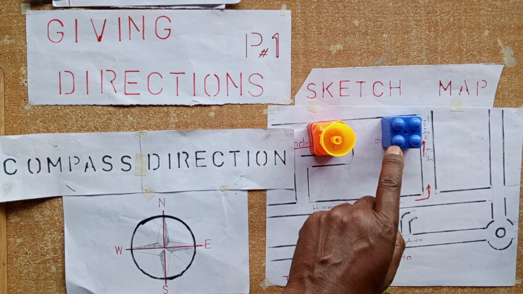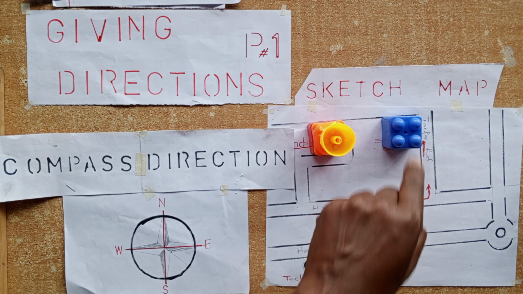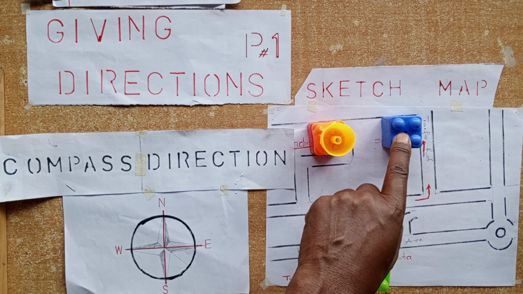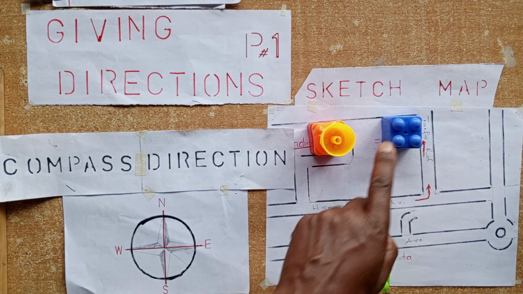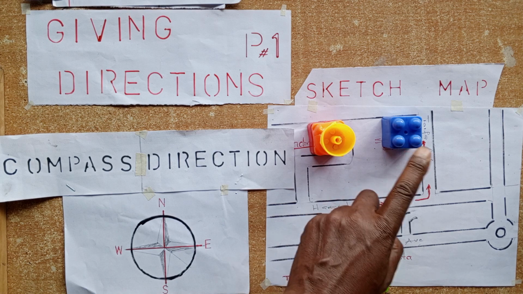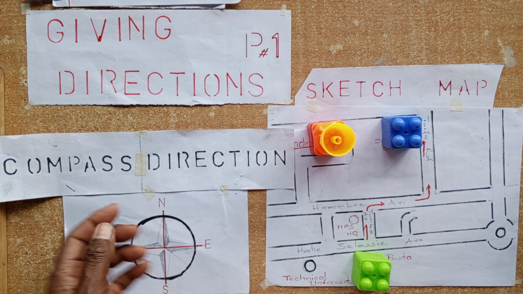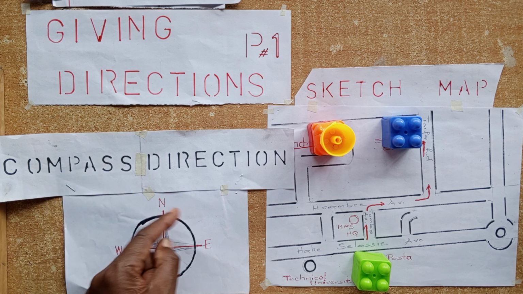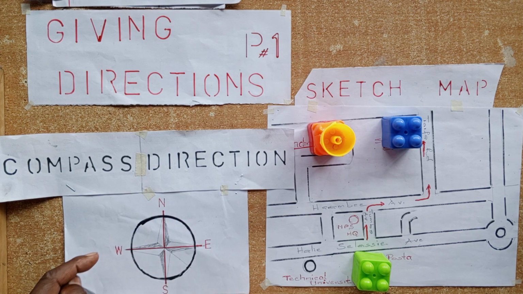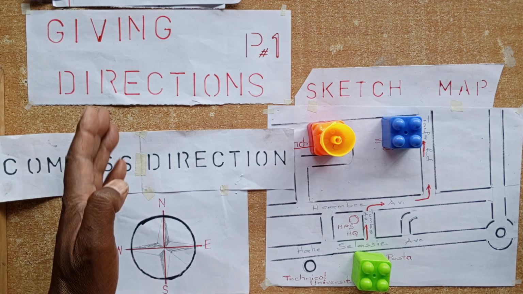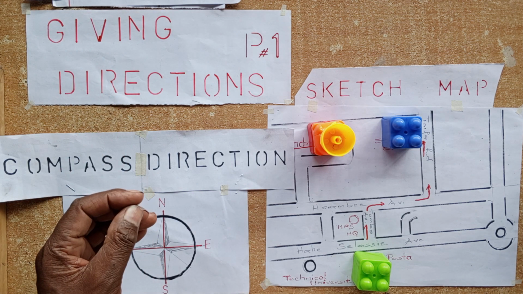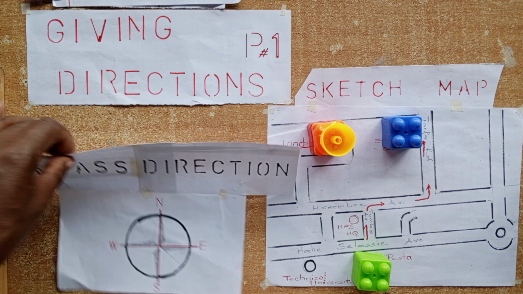From here, what direction is the Supreme Court? Is it in the north, south, east, west? So cardinal points of this nature, north, east, west, south, are paramount when giving direction to strangers.